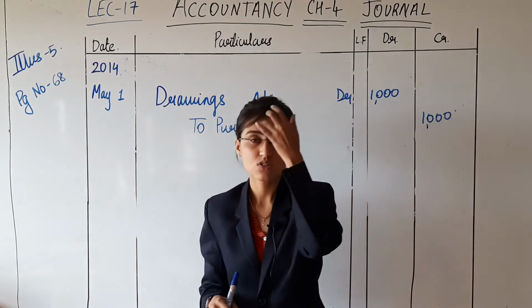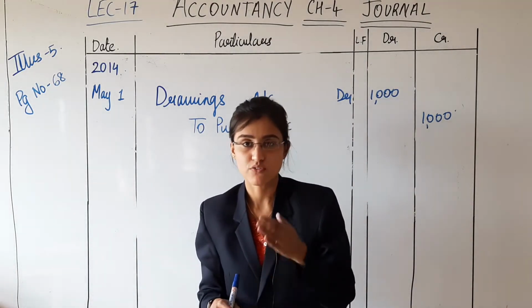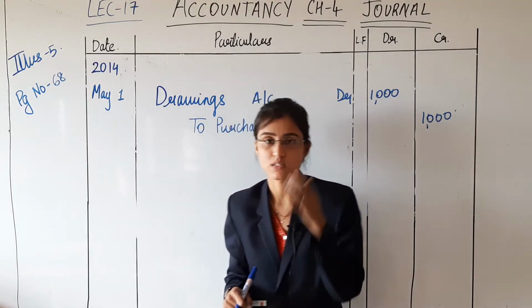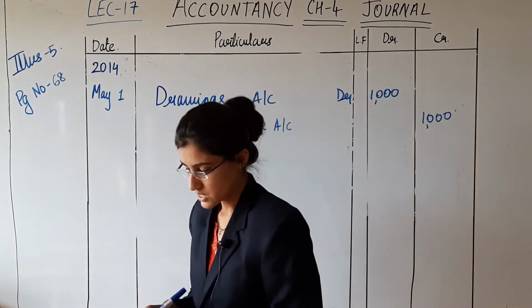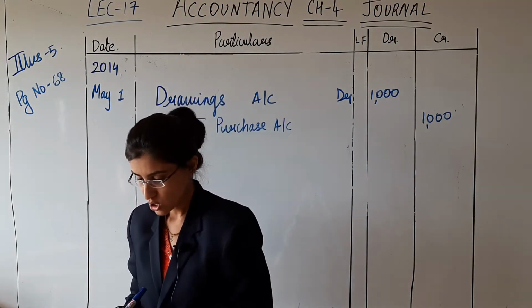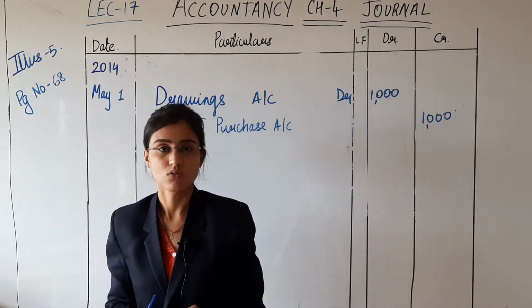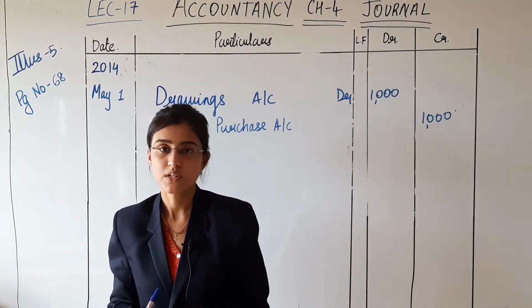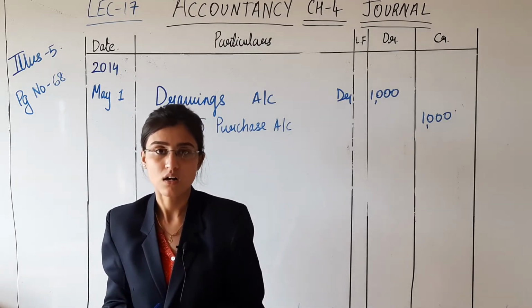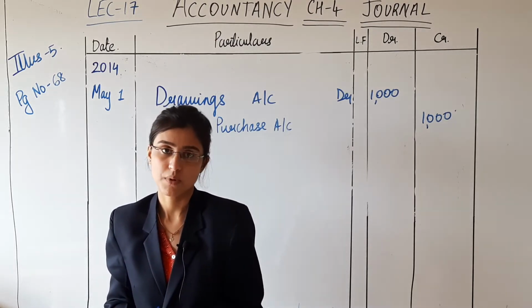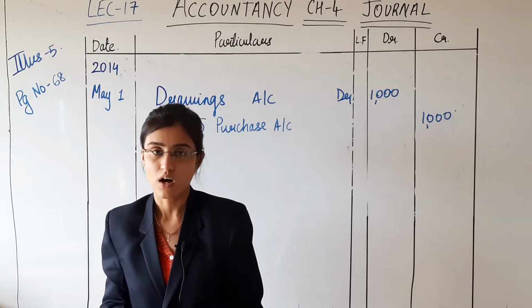Fine, then loss is always debited as per the rule of nominal account. Debit all expenses and losses. So the journal entry says loss on goods destroyed by fire account debit. You have debited loss along with the reason that the loss has occurred because of occurrence of fire.